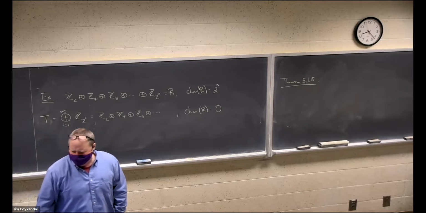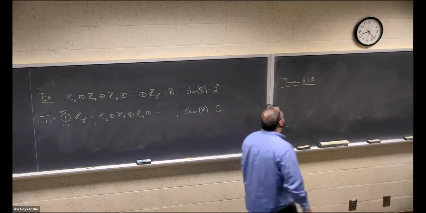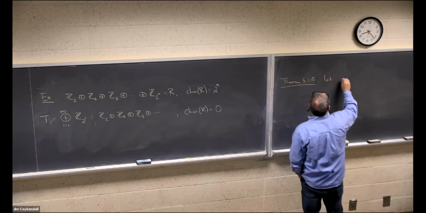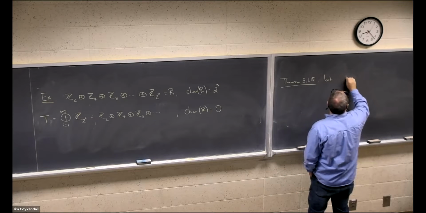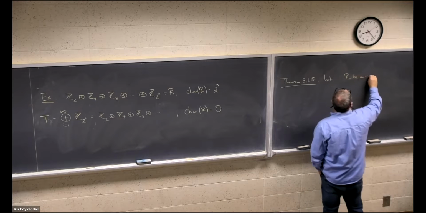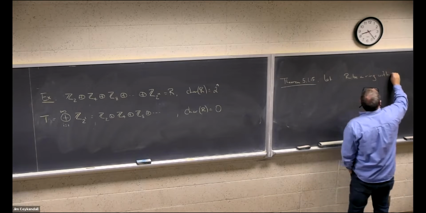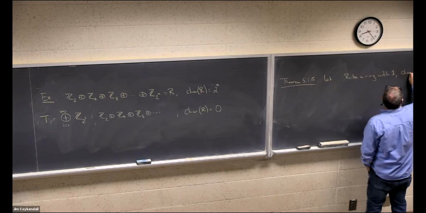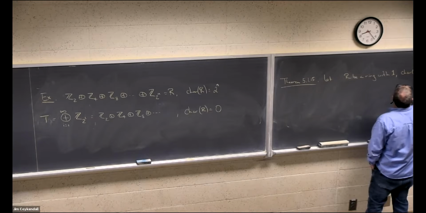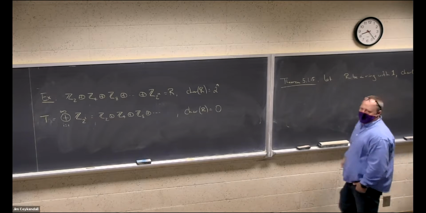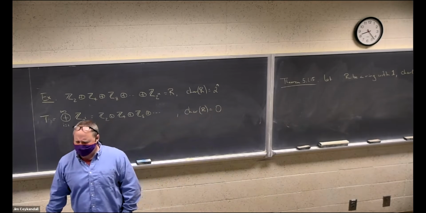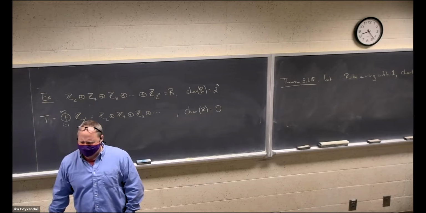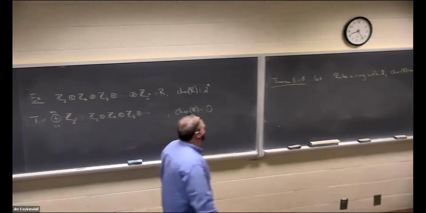Let R be a ring with identity of characteristic 0 or characteristic n.